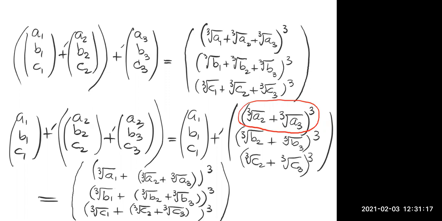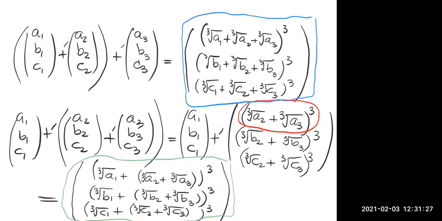So now the question is, are these two vectors, this blue vector up here and this other green vector down here, equal or not? And they are equal because this is just addition of numbers, ordinary addition of real numbers. So they are associative. There is no need for parentheses.